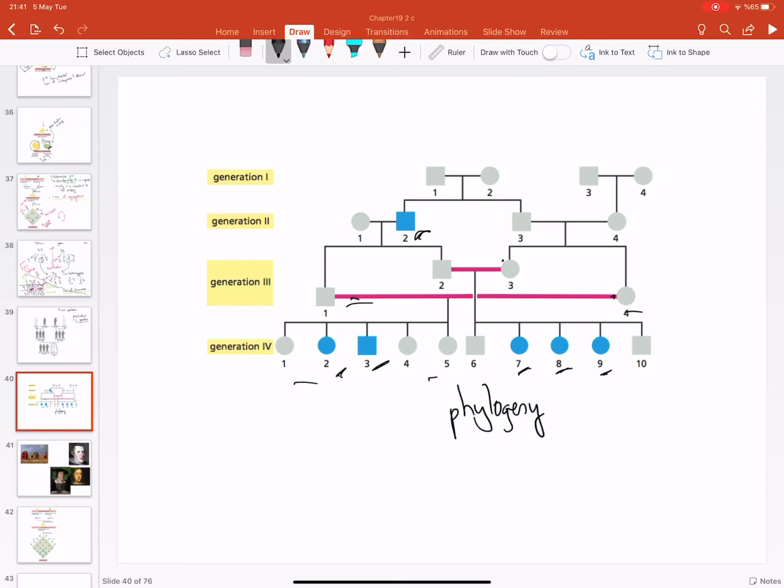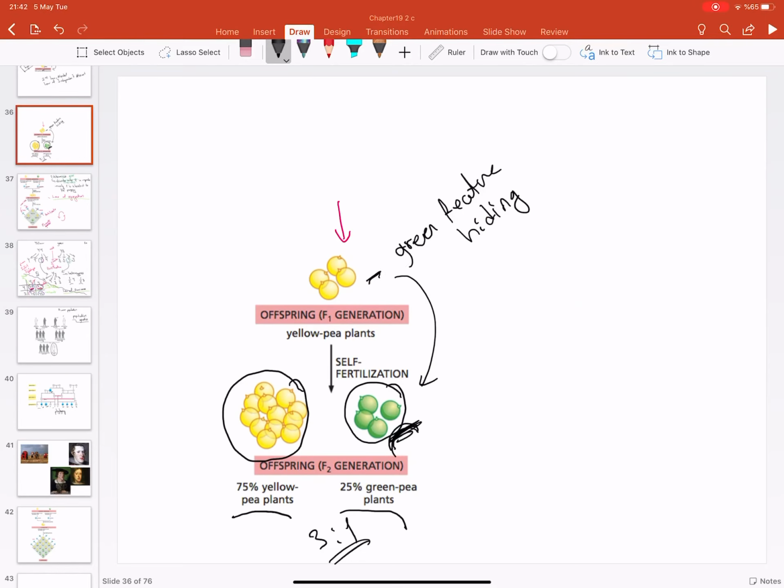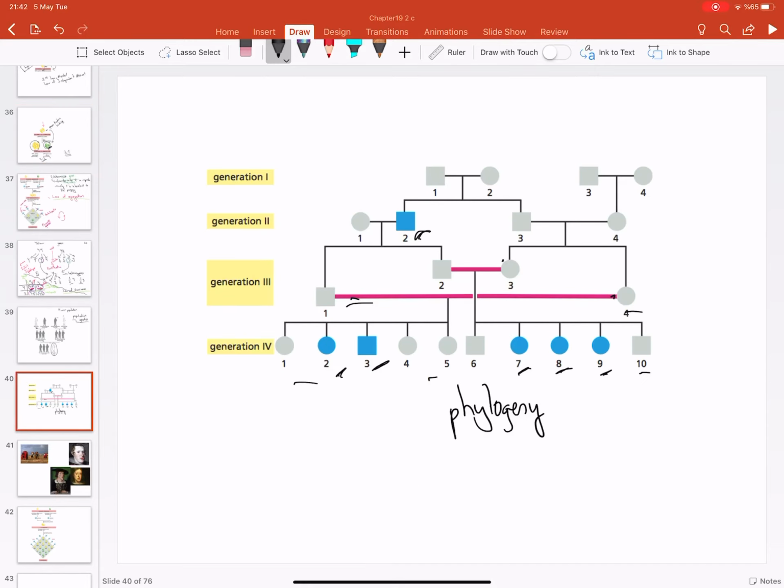When you check, it is half and half. According to the Mendelian rules, there should be a 3-to-1 ratio in the population, 3 dominant, 1 recessive. But here it is 1-to-1. You don't see the 3-to-1 ratio anymore.